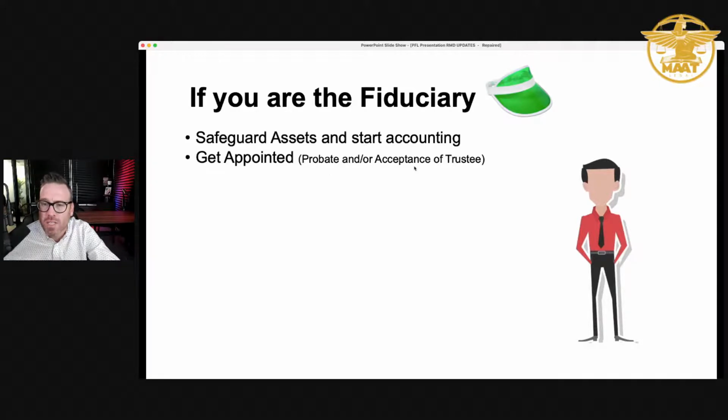If there's a trust, you just need to prove that you're the trustee. We do a document called the acceptance of trustee, where you sign and accept the duty of trustee. The trust also has to get a tax ID number at that time. So there is some reporting to the federal and state governments to get appointed, whether that's a trust or a probate.